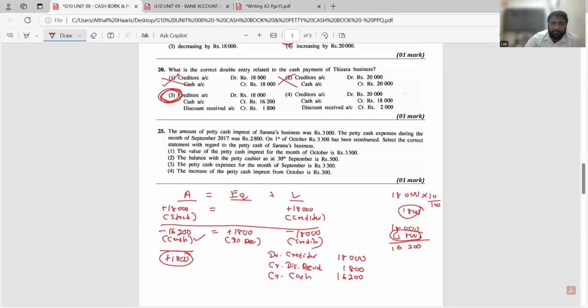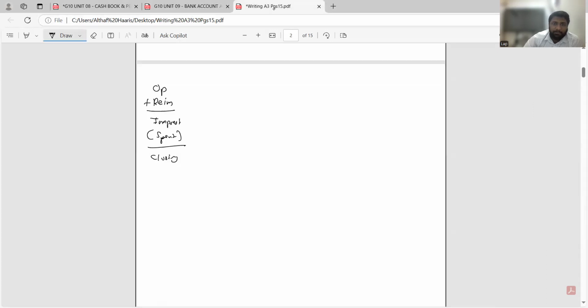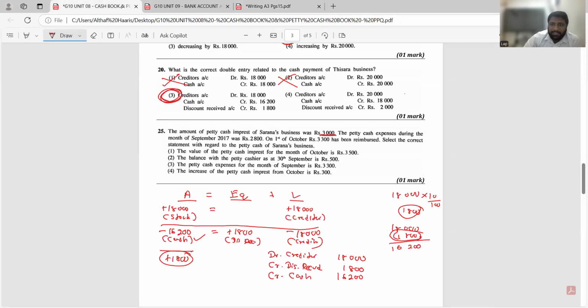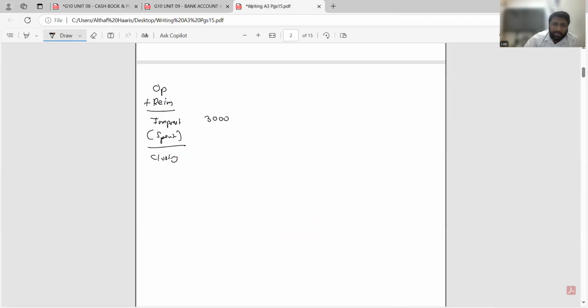Now here, the petty cash imprest of Sarana's business is 3,000. And petty cash expenses during September, 2,800. So here I'll write September 2,800.